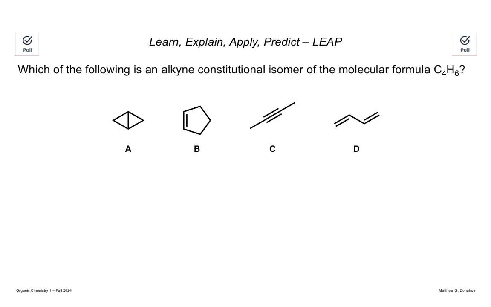Which of the following is an alkyne constitutional isomer of C4H6? So C, so the triple bond, that's the alkyne.